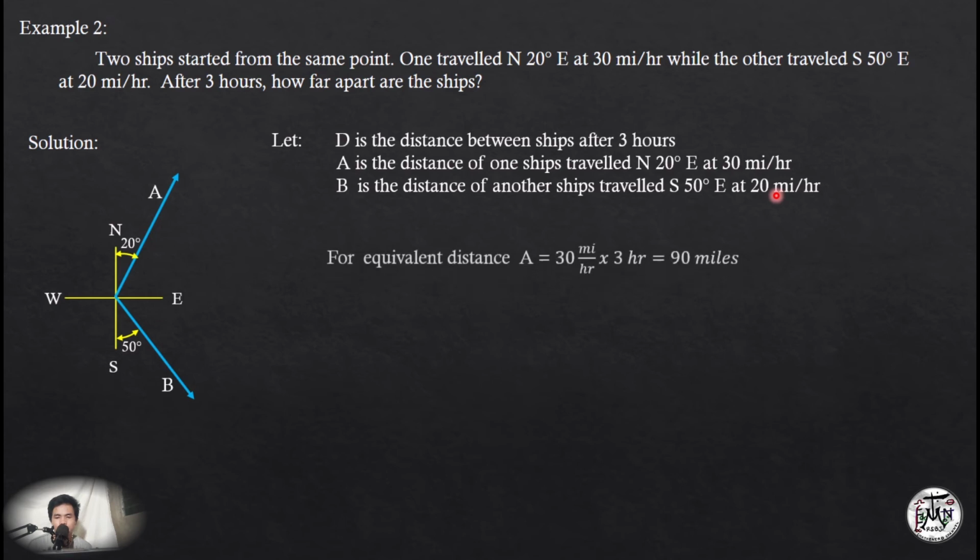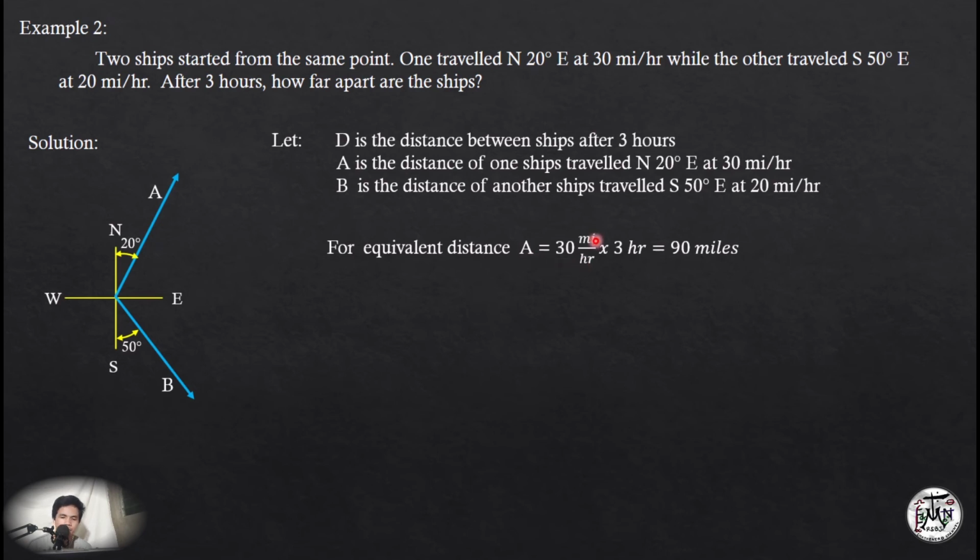So the equivalent distance a is equal to 30 miles per hour times 3 hours, which is 90 miles, cancelling hours. Then for the equivalent distance, b is equal to 20 miles per hour times 3 hours, that is 60 miles.